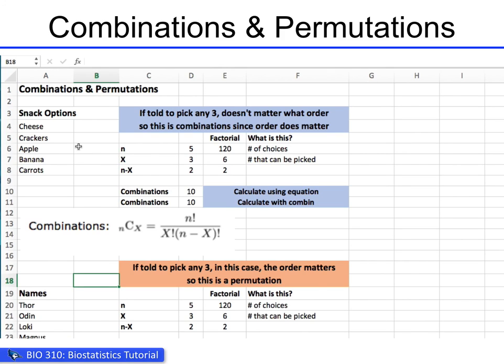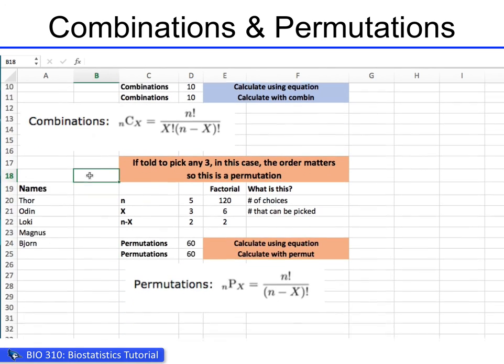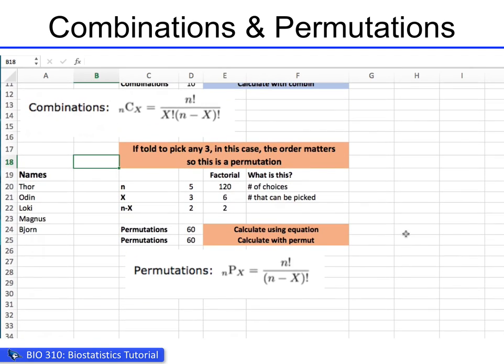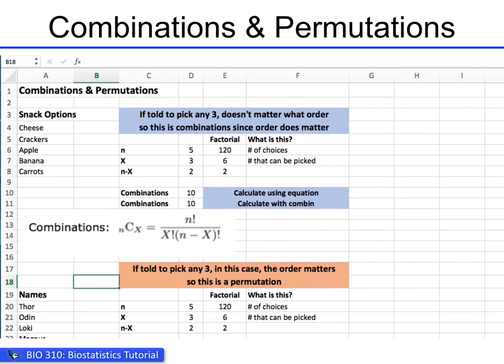So cheese, crackers, apple is going to be the same as apple, cheese, crackers. But down here, it does matter, because a name of Thor, Odin, Loki is going to be a different name than Odin, Loki, Thor. Alright, so this concludes the tutorial looking at combinations and permutations.